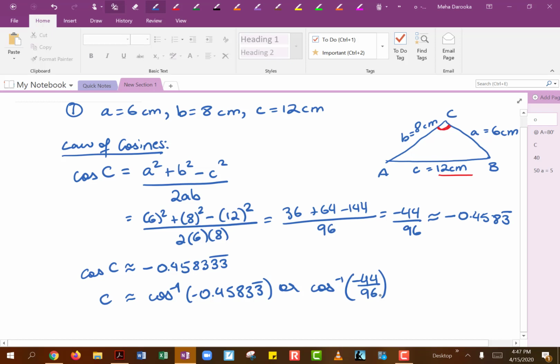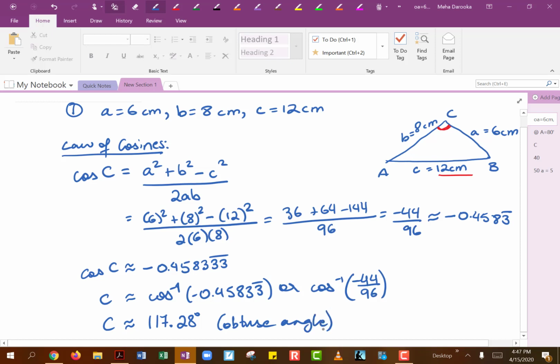It doesn't matter, but rounding it to 2 decimal places, you should come up with an angle measurement of 117.28 degrees. And of course you can see this is going to be an obtuse angle.